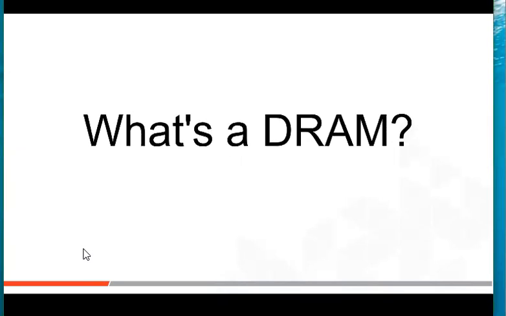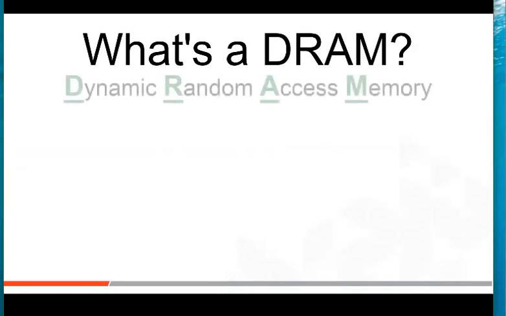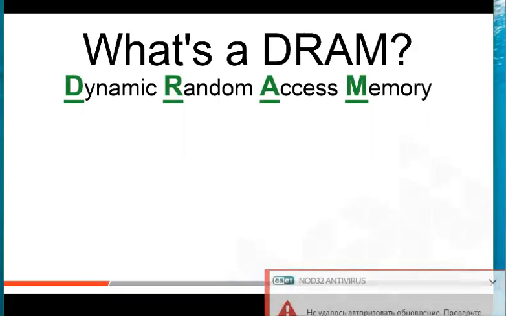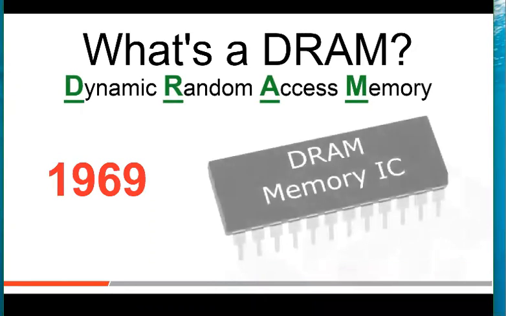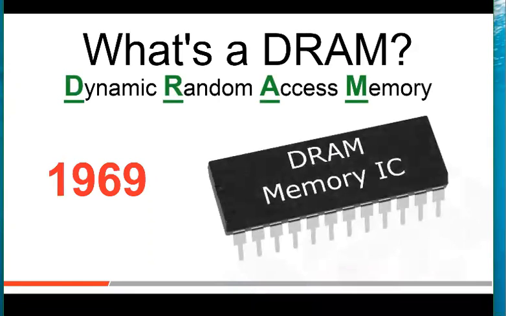DRAM stands for Dynamic Random Access Memory, and DRAM memory was first marketed in the late 1960s, about 50 years ago, and was very likely the first memory integrated circuit ever sold.